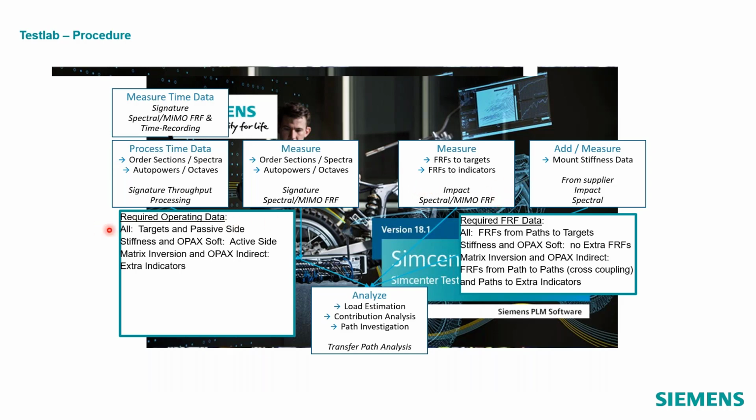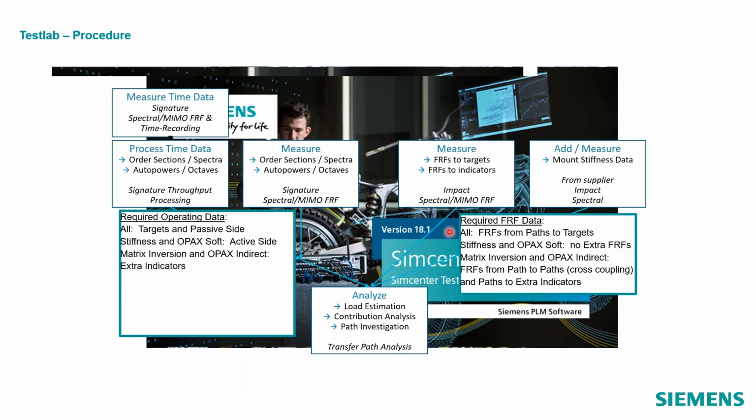And the data that's required for all load methods, we always suggest you measure the targets and the passive sides of your mount. For the mount stiffness method, in the OPACS soft mount method, you should collect on the active side of the mounts. For matrix inversion and OPACS indirect, you want to measure some extra indicators. And you need the operational data for the indicators and the FRFs from the paths to those indicators as well.